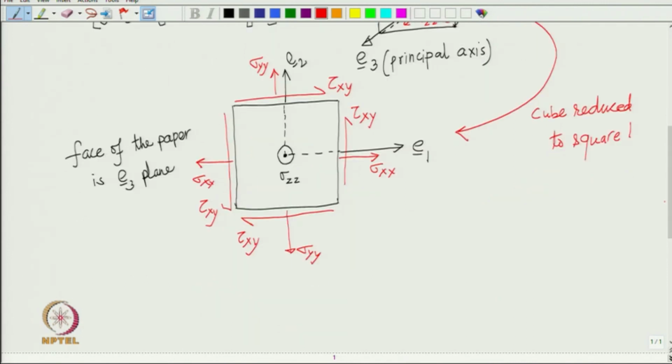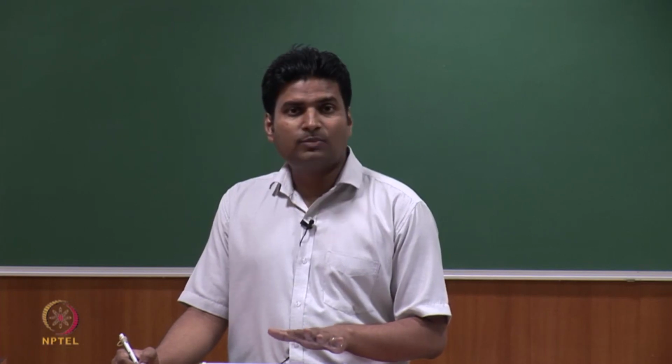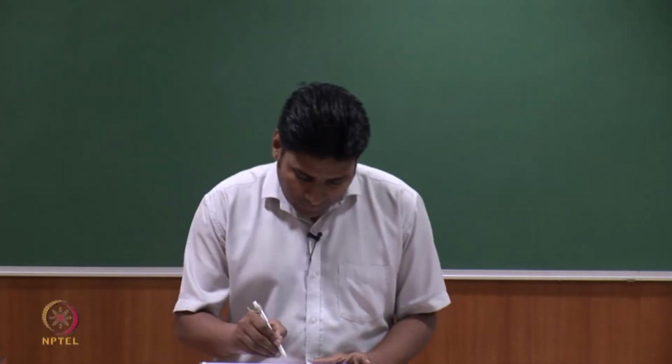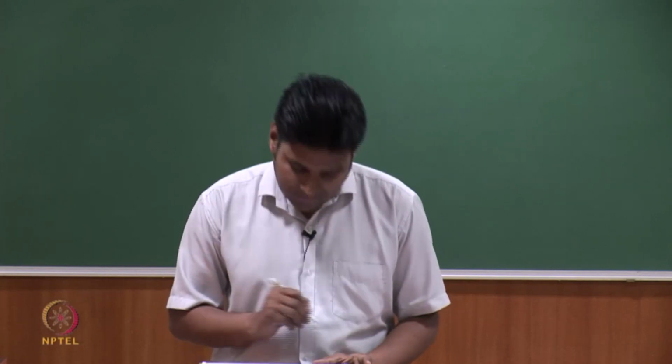And now, our goal is to get the normal and shear component of traction on planes which are such that the plane normal is perpendicular to E3, is not it? So, we are basically looking for planes something like this.